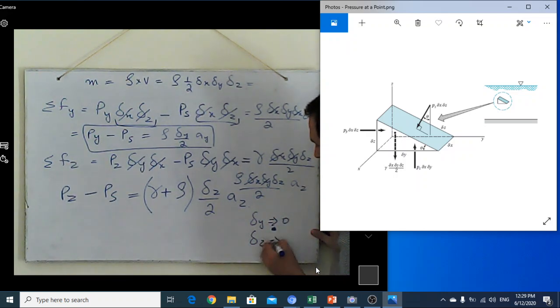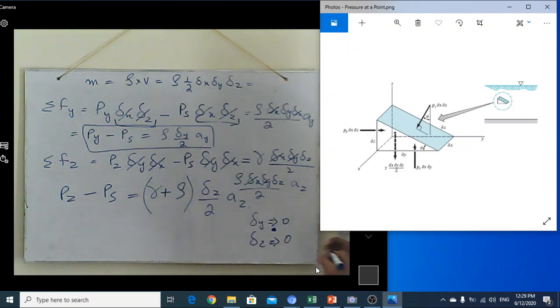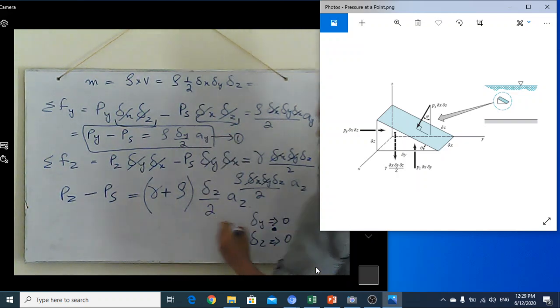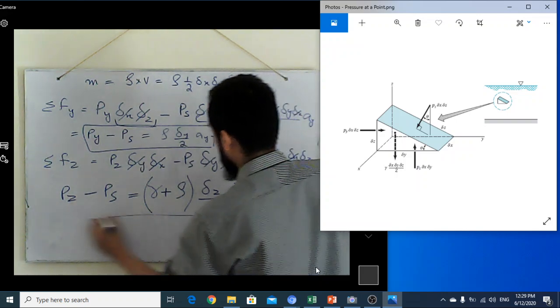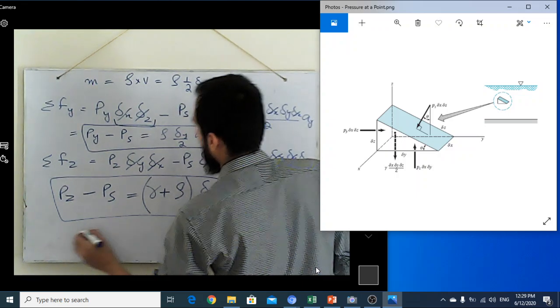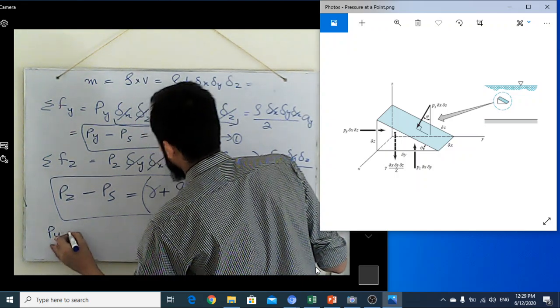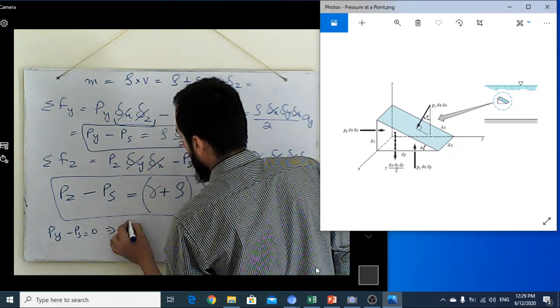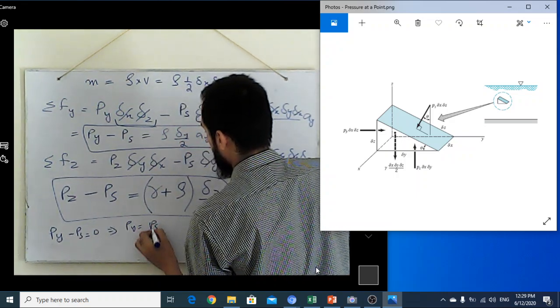If we want to know the pressure available for a point body totally confined by a liquid, we put the value of 0 here, and equation 1 and this equation 2 can be simplified as Py minus Ps is equal to 0, which implies that Py is equal to Ps.